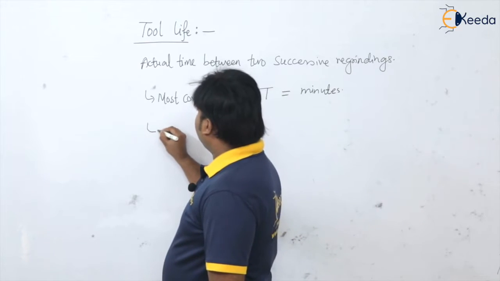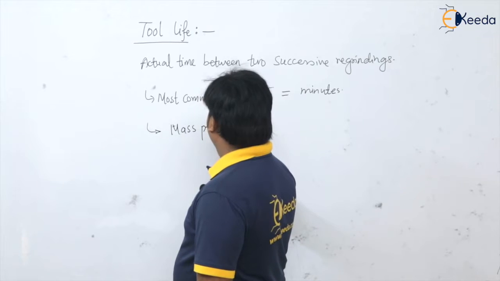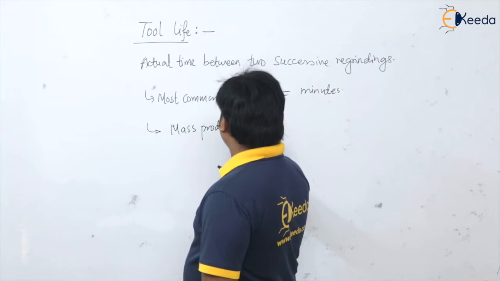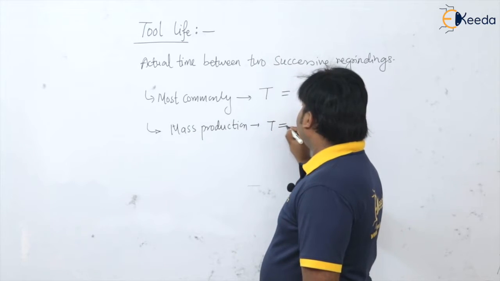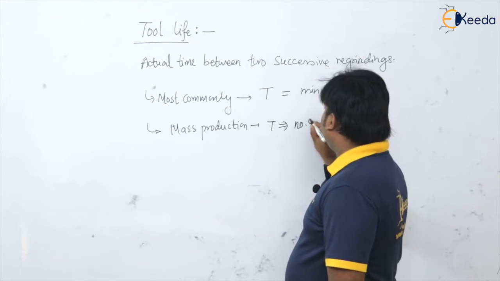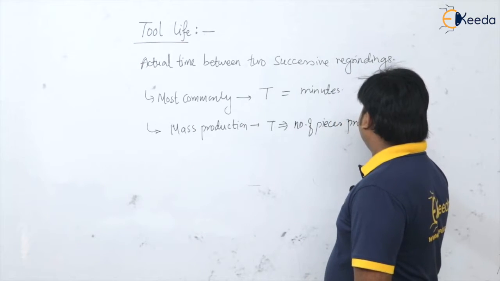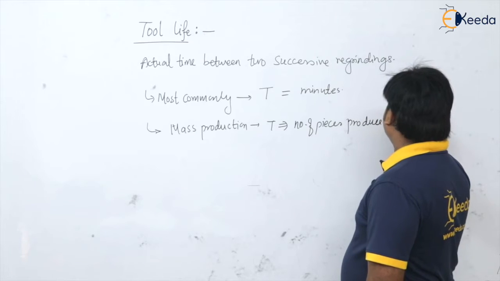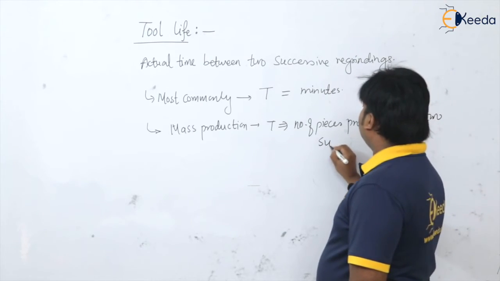Or suppose you are having mass production on the floor, then in case of mass production we can measure this tool life in terms of the number of pieces produced by the tool between two successive regrinds.